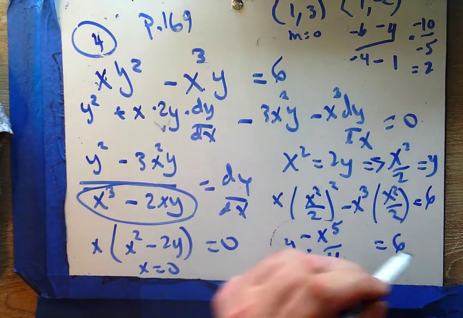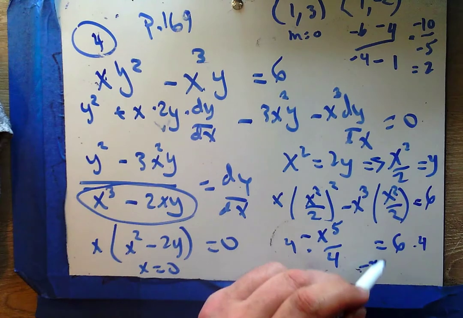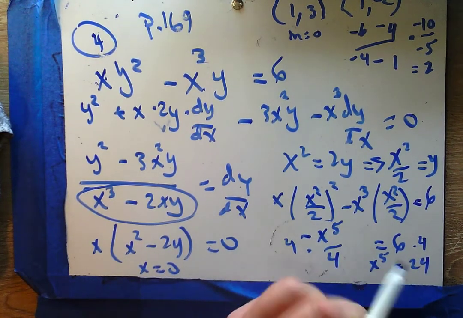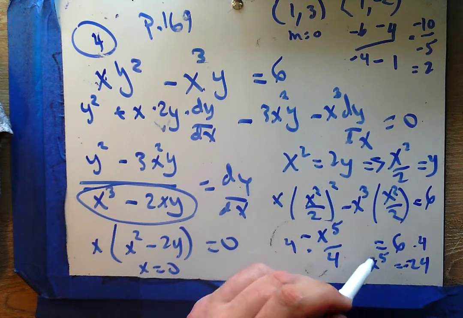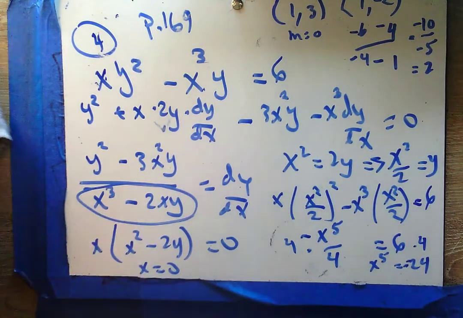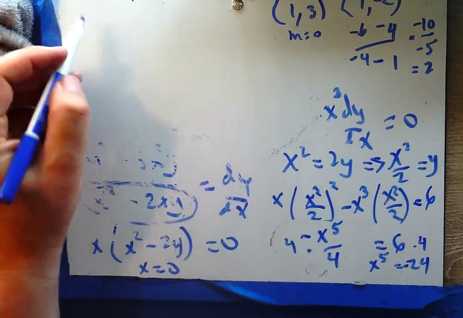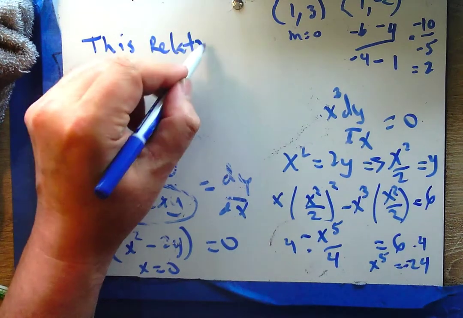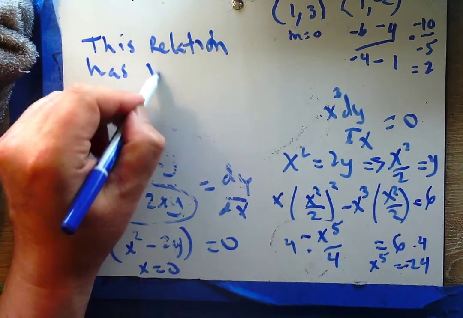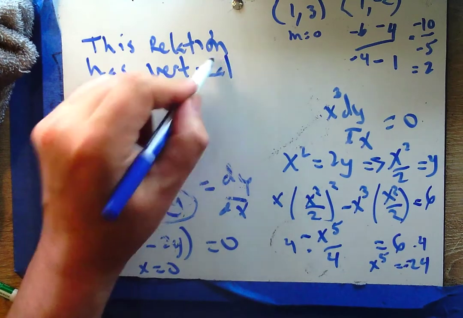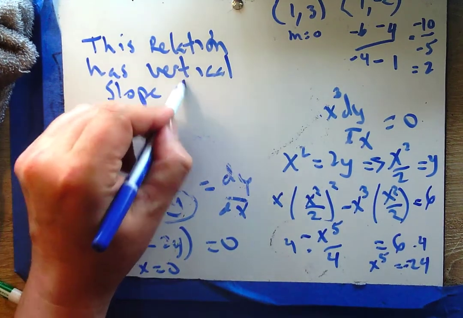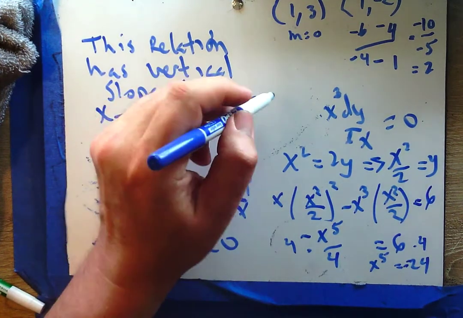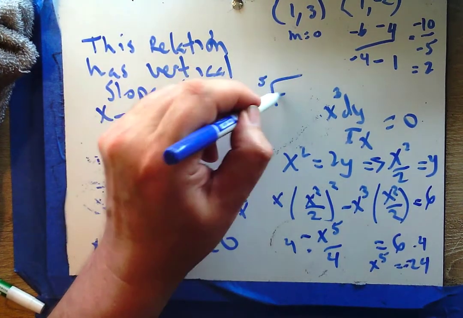I multiply both sides by 4 and get negative x to the 5th equals 24. I push that negative to the other side, and then I take the 5th root. So my answer is this relation has vertical slope at x equals 0 and x equals the 5th root of negative 24.